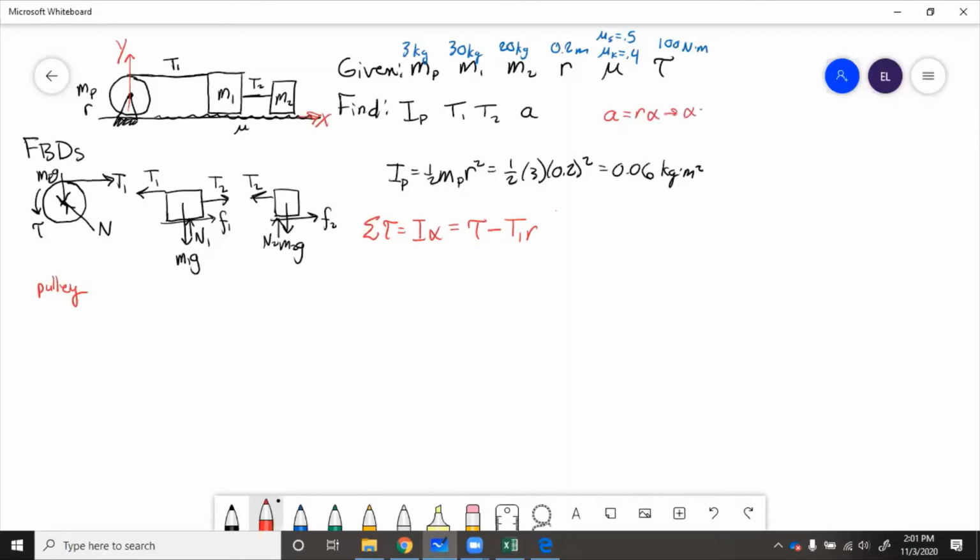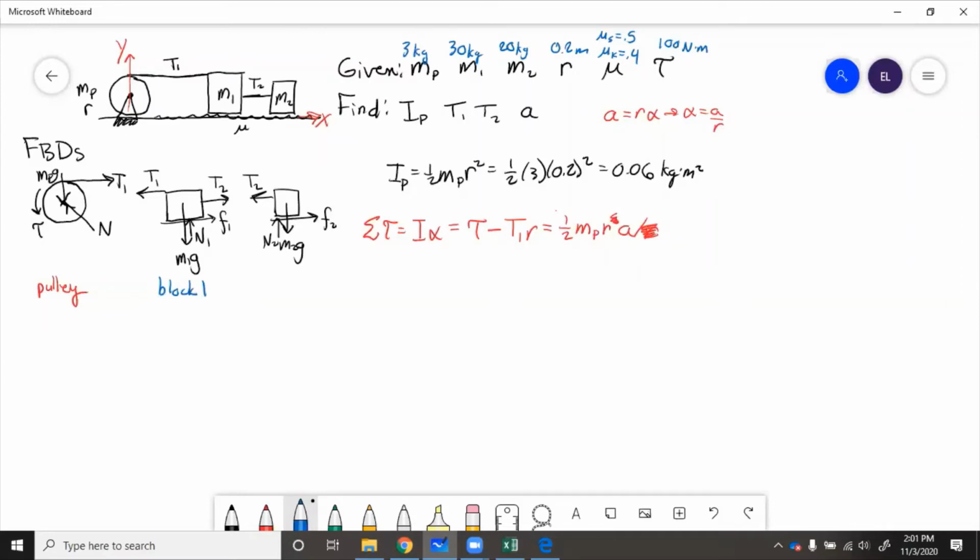So alpha equals A over R. If we put this all in variable form, then we have 1/2 MP R squared times A over R. So then this R cancels with this R. We just have 1/2 MP R A, but still two unknowns, T1 and A. So now let's move on to the next block.